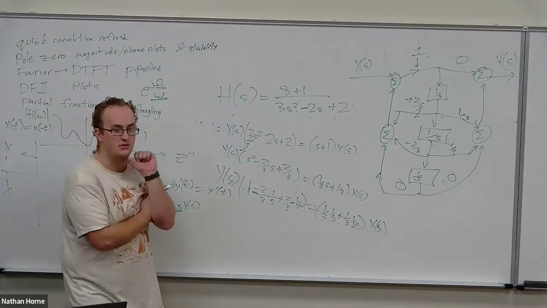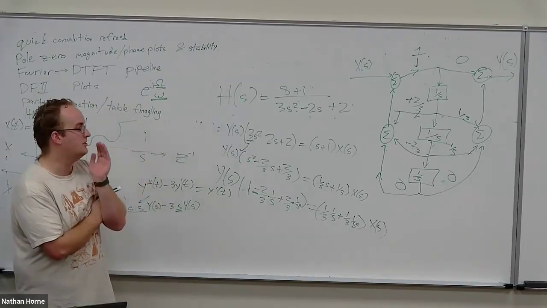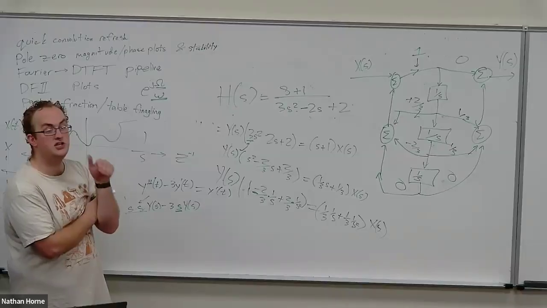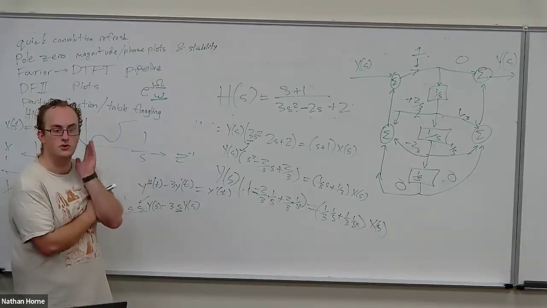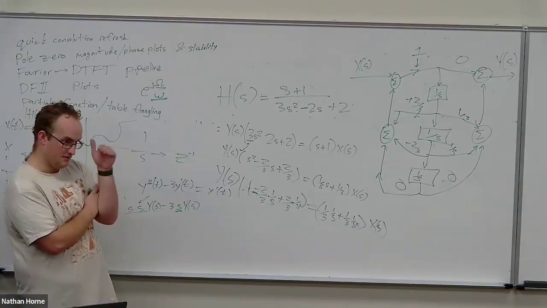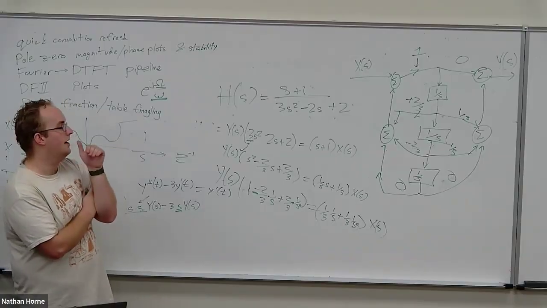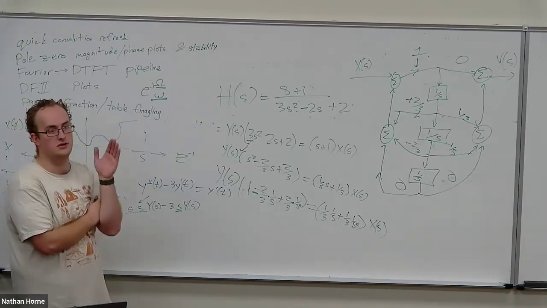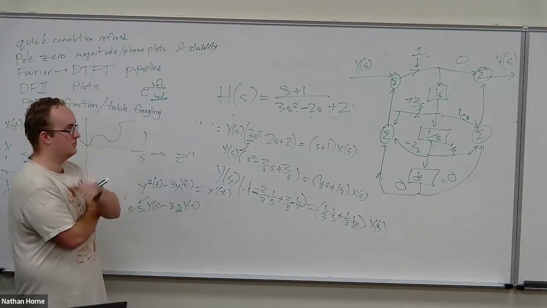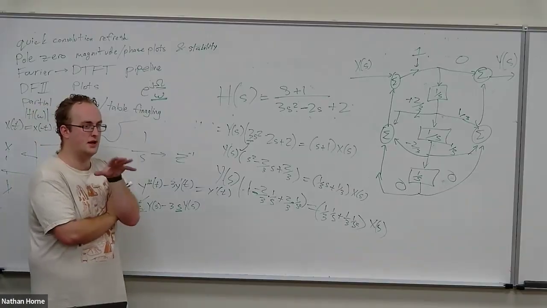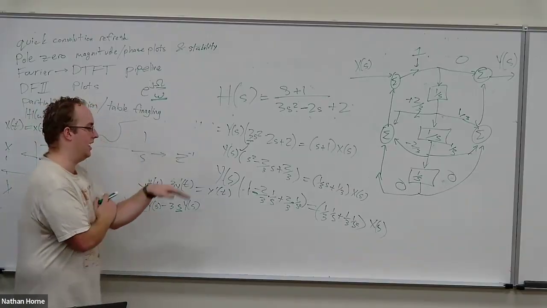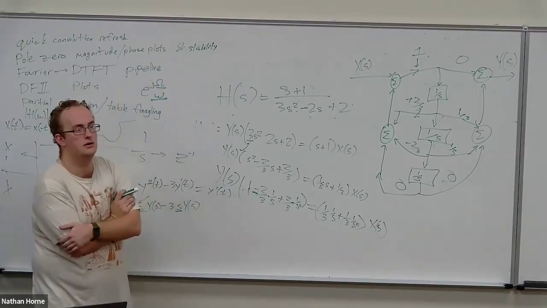And because in the real world, differentiators introduce a lot of noise because the slope of a line changes a lot due to noise, it's more effective to use an integrator. So that's why we use 1 over S. Is that kind of what you're looking for? Did you want algebra or?